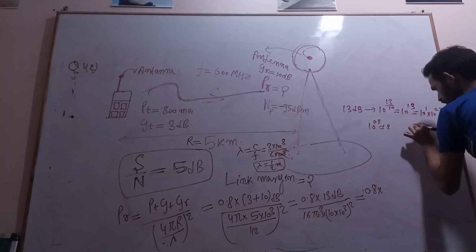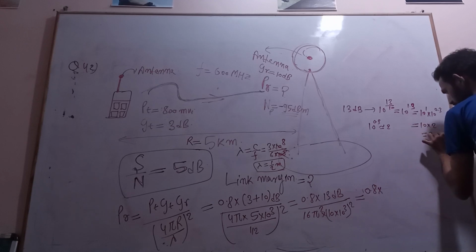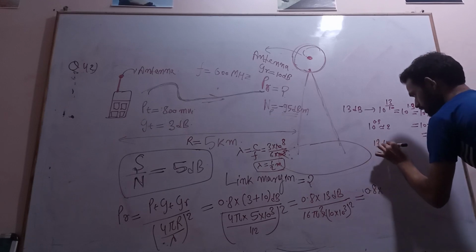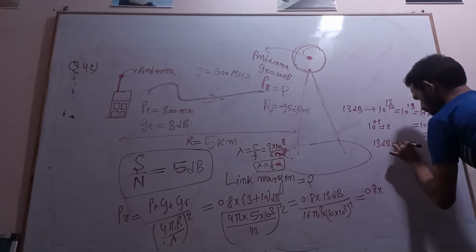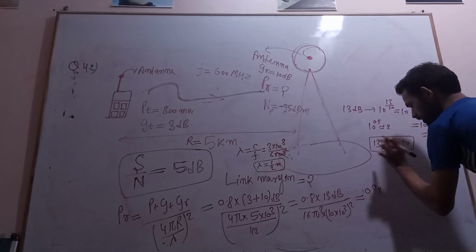So you can write 10 into 2, which is 20. So 13 dB is approximately equal to 20 in linear.